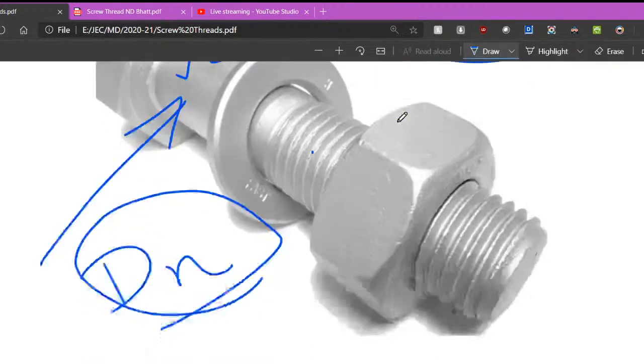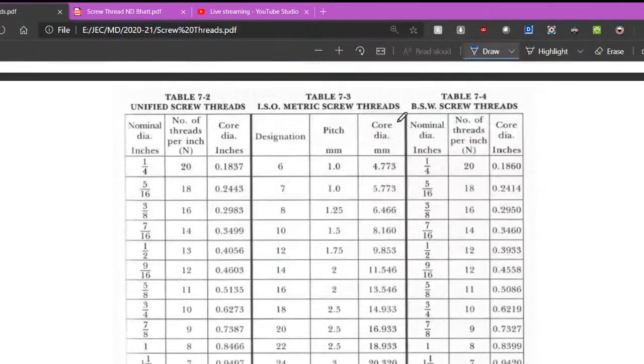Next you will move to this chart. There is a standard chart, this one is for unified thread. If your nominal diameter is, say, 1 inch, then the threads per inch, n, would be 8 threads in 1 inch, and the core diameter would be 0.8466.